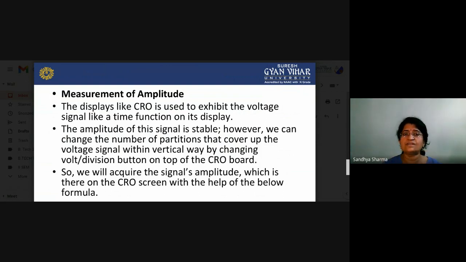So the CRO is just a measuring device, just a display device. Whatever input signals you provide to your CRO, it can only measure or display them on the screen. The format will be changed. Either you can see your signals in a small scale, or in a large scale, but there is no change in the value of your input signals.